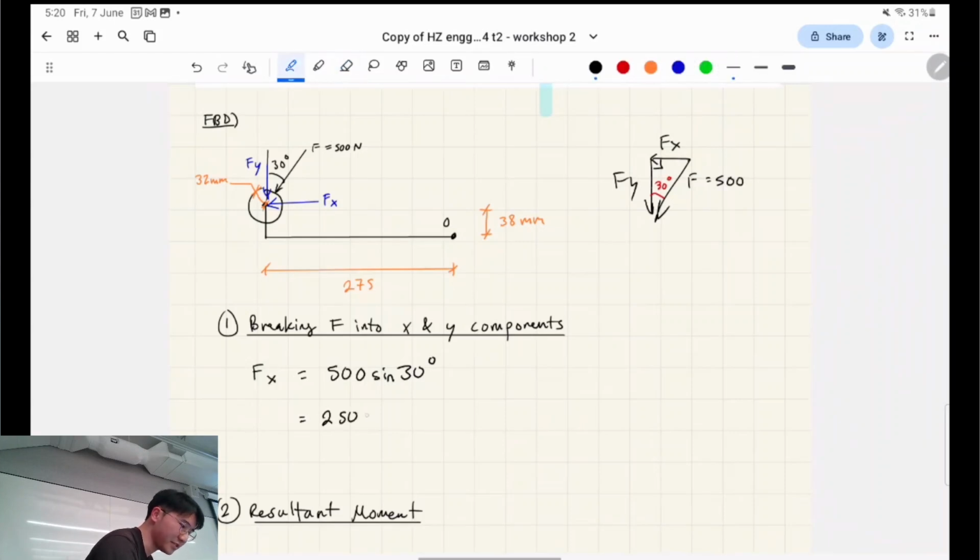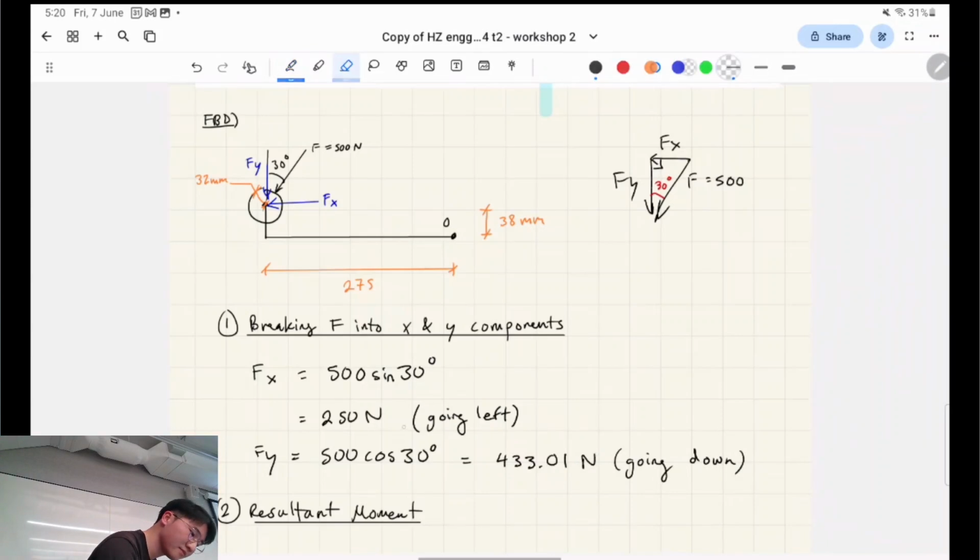That's 250 newtons acting to the left. Okay, and then next we'll do the y component. Very similar, but this time we'll do cosine. Okay, is that all good so far?